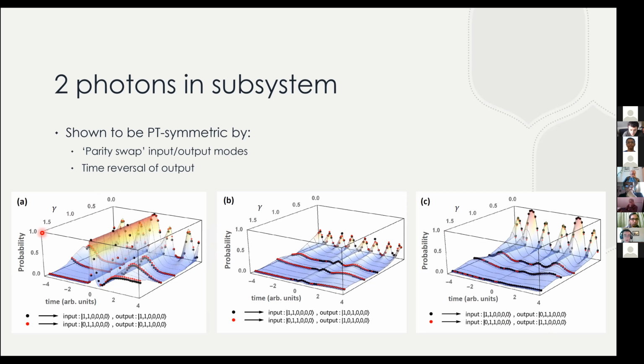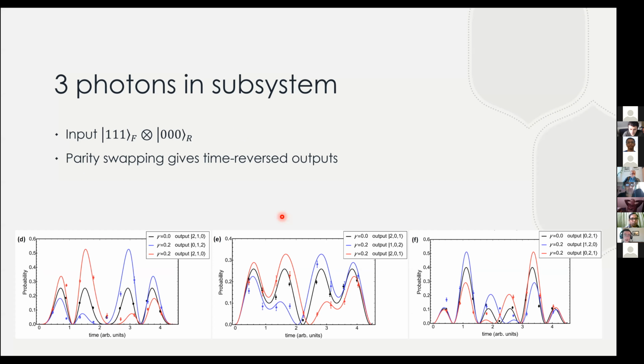And we can see that this holds for whatever value of gamma we pick in this regime. Then we can go further and input 1 photon into each mode, and we still find that this same idea holds. If you parity swap the input and the output, that still gives a time reversal effect.